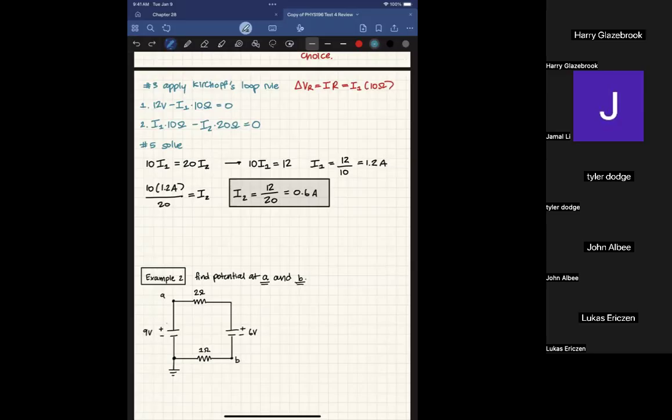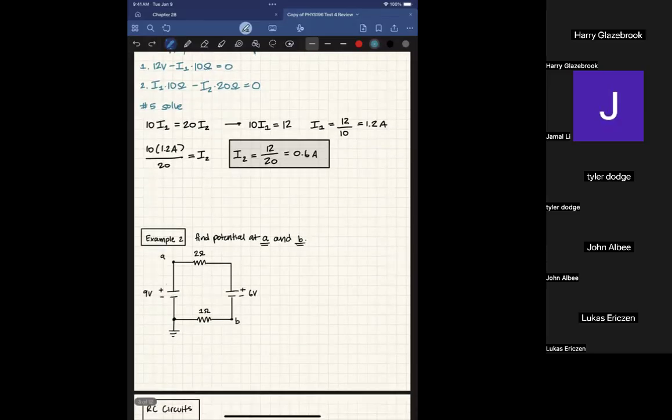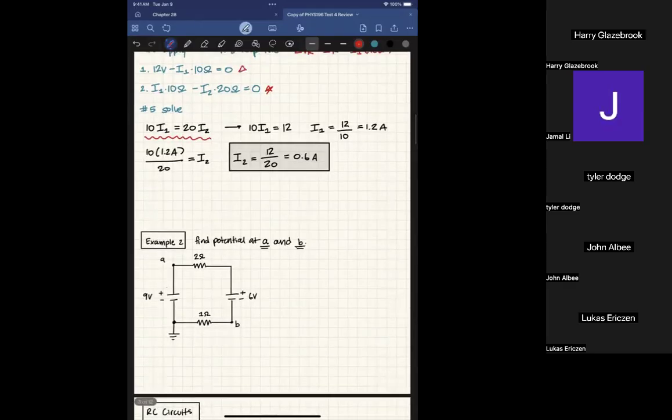You're trying to solve for I2. So all I did was I looked at equation 2 here and I said, okay, I'm going to add 20 I2 on both sides. And then that's how I got this equation. And then I took my top equation here and I solved for I1. Then I just substituted I1 back into here and divided by 20 on both sides to get I2.